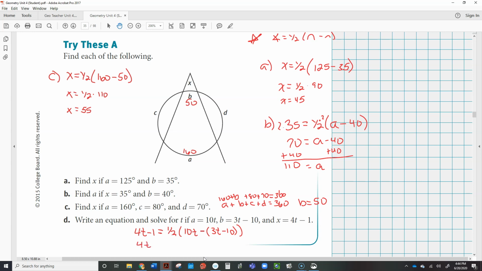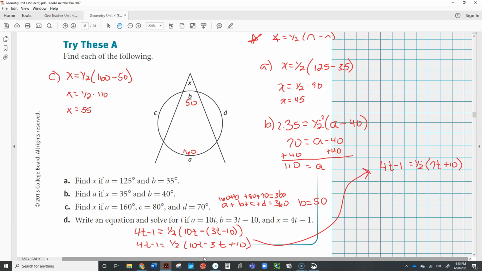So 4t minus 1 equals 1/2 times 10t minus 3t plus 10. This is where people are going to mess up. Let me bring this over here. So I have 4t minus 1 is equal to 1/2. Now I'm going to put 10t minus 3t together and get 7t plus 10.